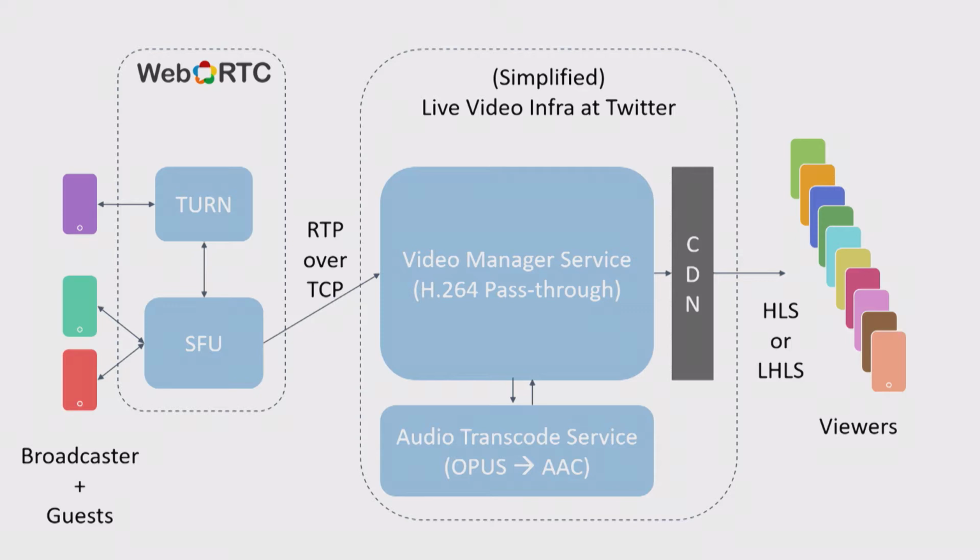Another thing that I want to mention is, we're talking about group chats, so we can have multiple people ingesting content at the same time. One thing that we do is we take all the audio packets that are incoming from different users, and then we mix them down into a single audio channel.